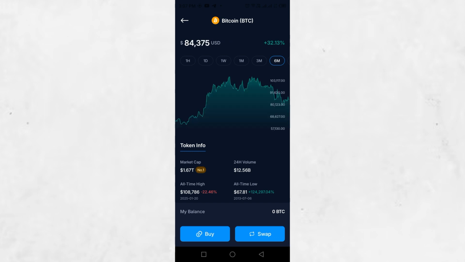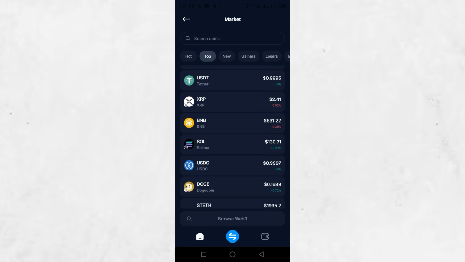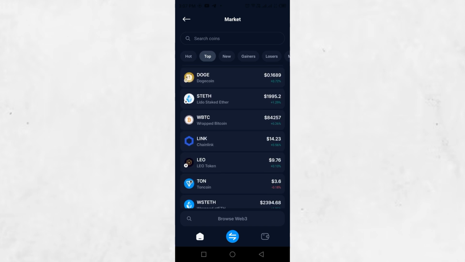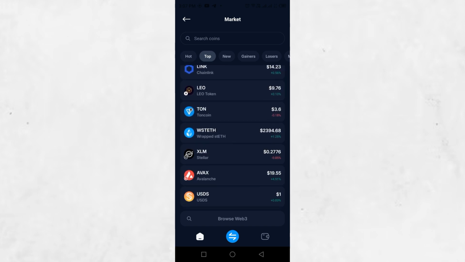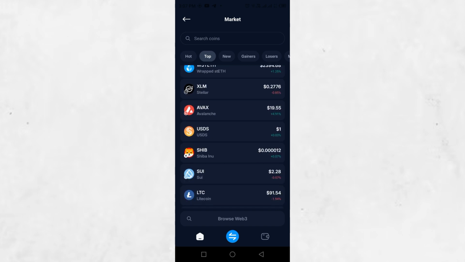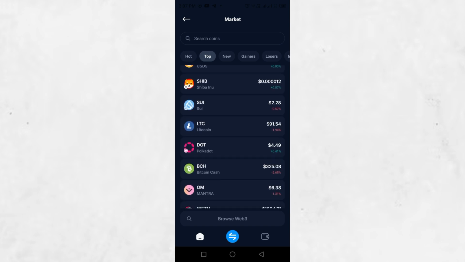By analyzing this category, users can gauge market sentiment, identify stable investment options, and compare the performance of top assets over time. Additionally, the Top section can help traders and investors make informed decisions by offering insights into long-term trends, price stability, and the overall strength of the crypto market.